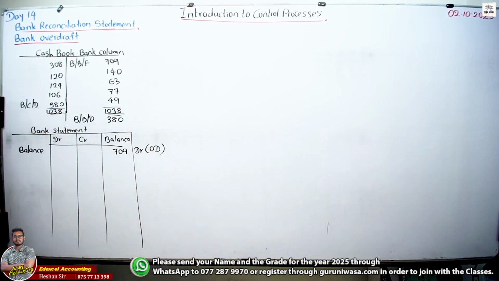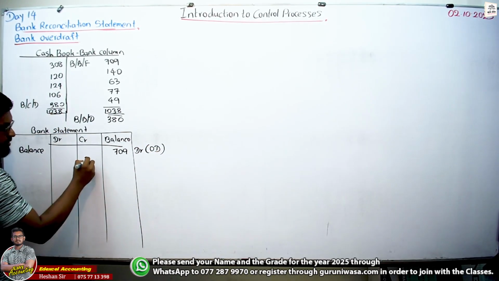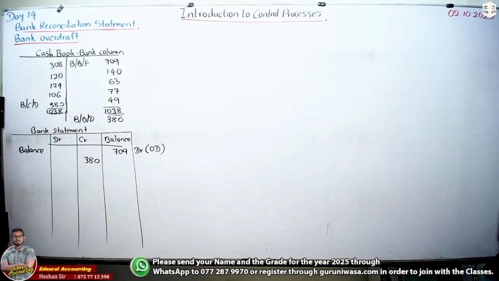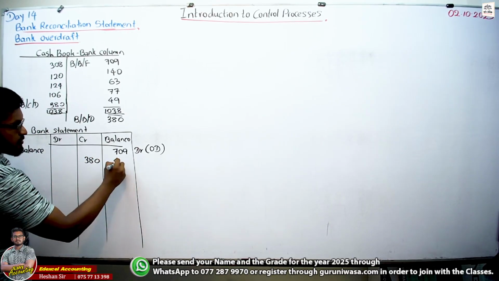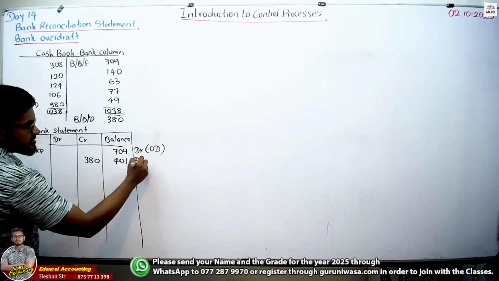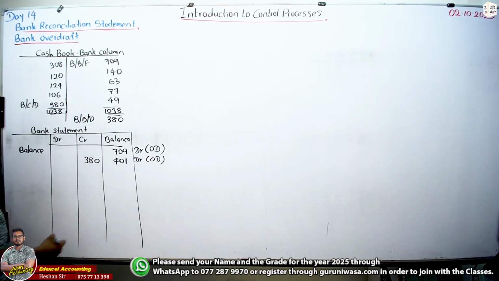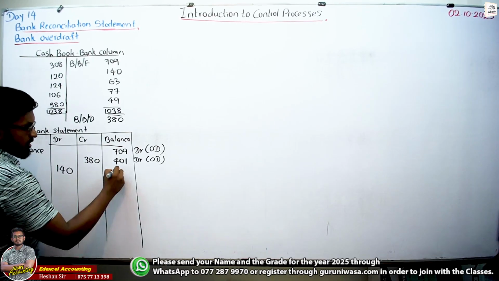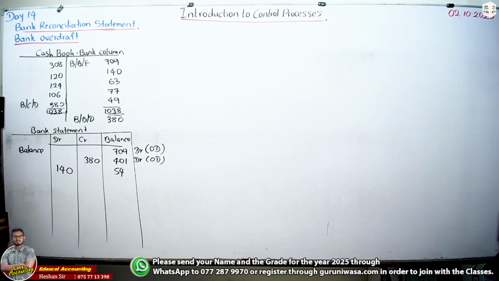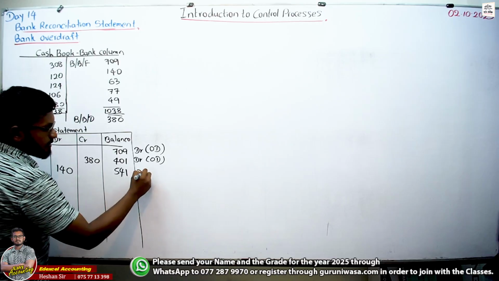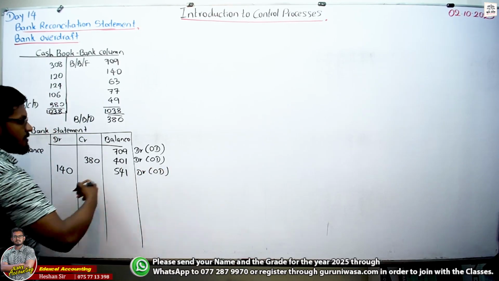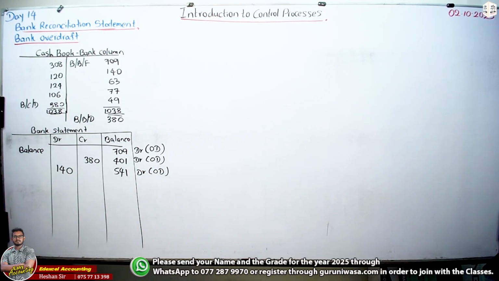OD means the overdraft. Got it? Once we deposit 380, the overdraft will decrease to 401 debit, still the overdraft, right? Once we withdraw 140, the overdraft will increase to 541, still a debit balance, which means the overdraft. Bank statement debit balance means the overdraft.